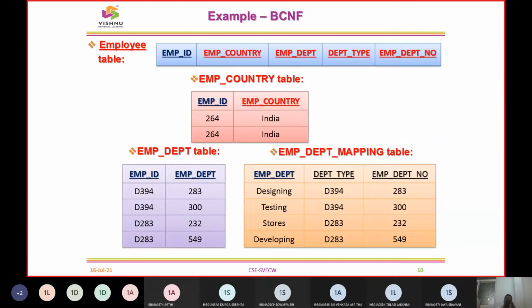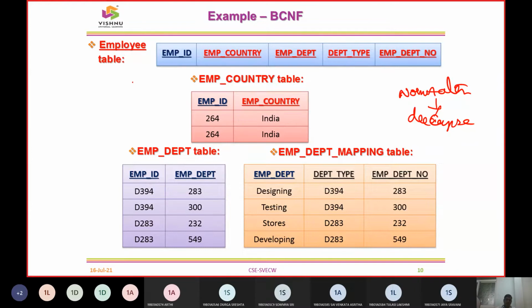How we are going to do this normalization is that we are going to decompose the table. We are going to make that table decomposed into different relations. How we are going to make this decomposition: we need to have employee ID, country, department, employee department type and employee department number.